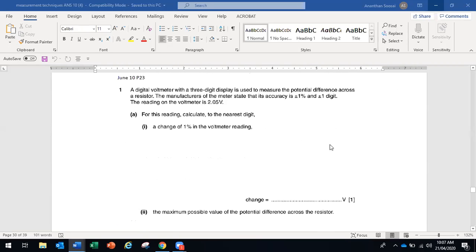Okay, next, this one. A digital voltmeter of 3 digital displays is used to measure the potential difference across a resistor. The manufacturer states that the accuracy is 1%, plus minus 1 digit. The reading on the voltmeter is 2.05 volt. For this reading, calculate the nearest digit, a change of 1% in the voltmeter reading.